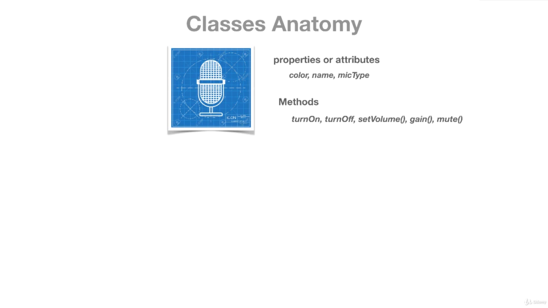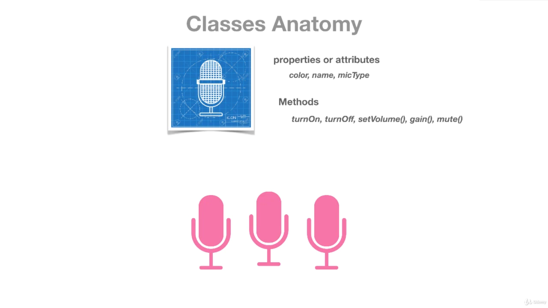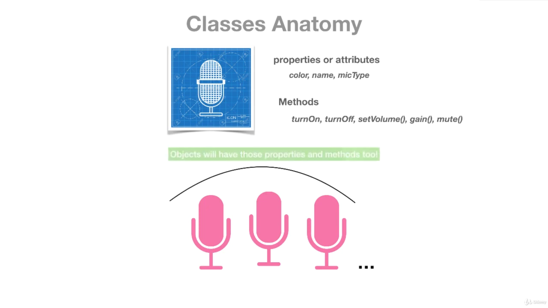So these are characteristics of our blueprint, of our class, which means with those characteristics, we can then create as many objects, as many real-world mics as we want. All of them, of course, will have those properties and methods too. And this, my friend, is the basics, the fundamentals, the core of what we call object-oriented programming, the understanding of these building blocks.